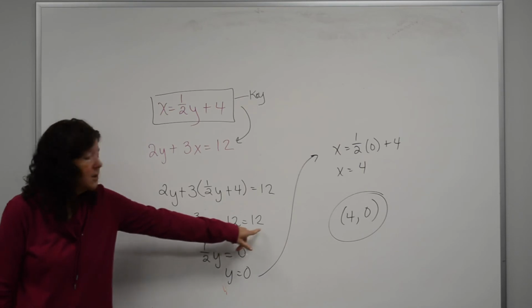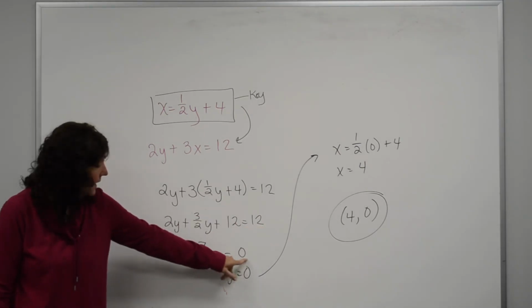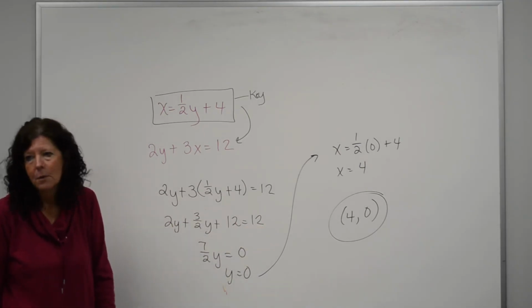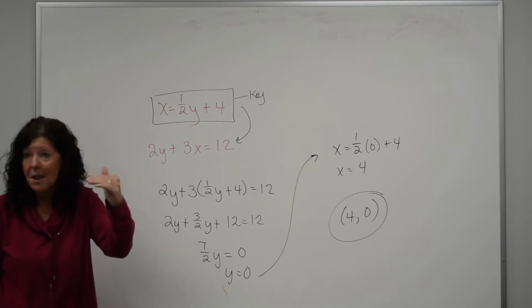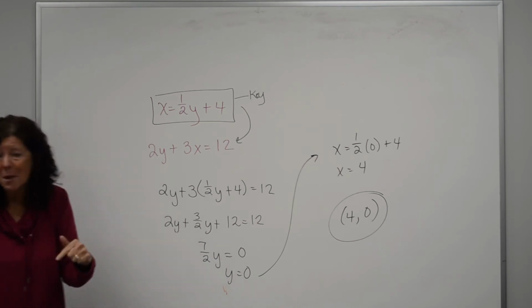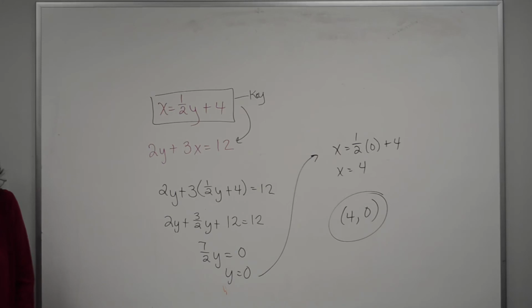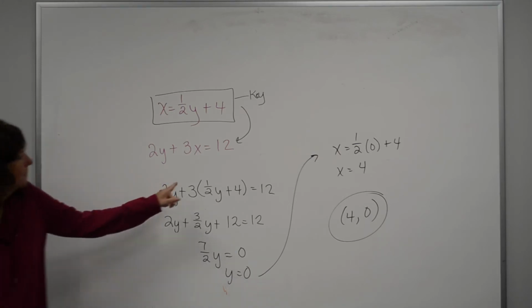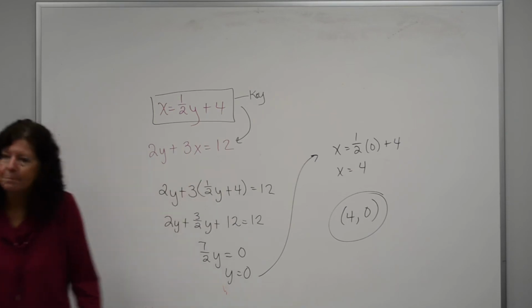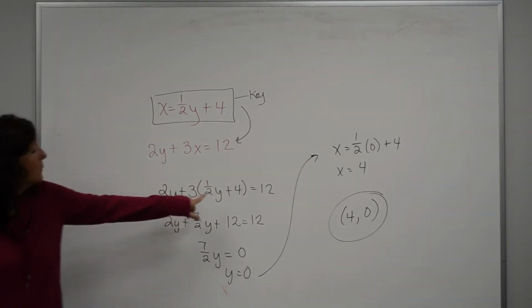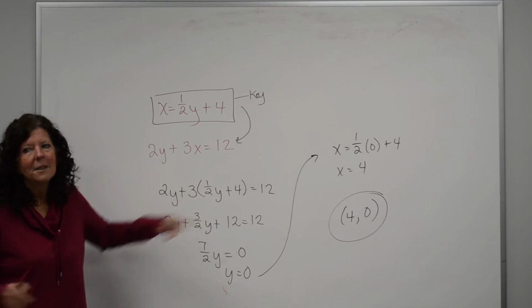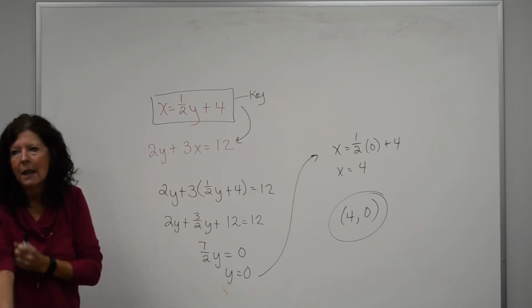But when I subtract 12 from both sides, I get a 0. 0 divided by anything is 0. Remember, 0 on the top is equal to 0, 0 on the bottom is equal to undefined. I know what I did wrong. I didn't multiply the 3 by the 4. I didn't distribute. I just added the 1/2 plus the 4, which you can't do because that has a y.